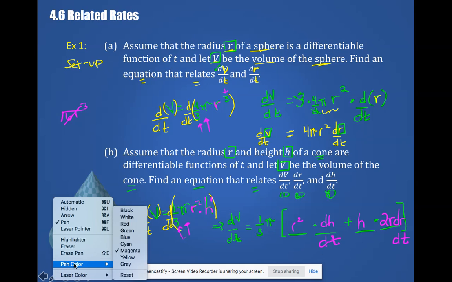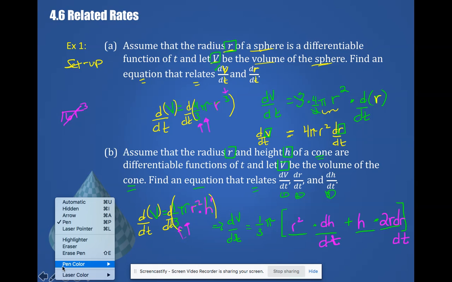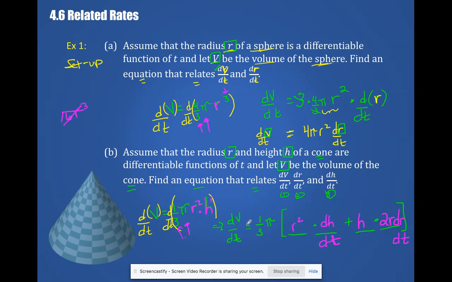I could clean it up a little bit, distribute that 1/3 pi through if you really wanted to, but notice that they asked me to relate, which is an equation. Here's my relate, and they wanted, look at my green boxes, r, h, and v. They wanted the derivative of r, the derivative of h, and the derivative of v, all in the same equation.